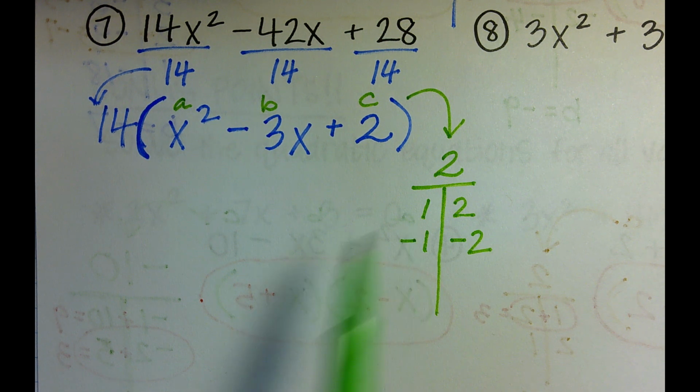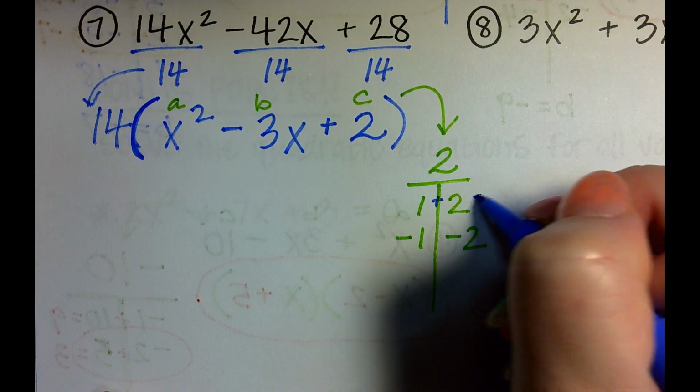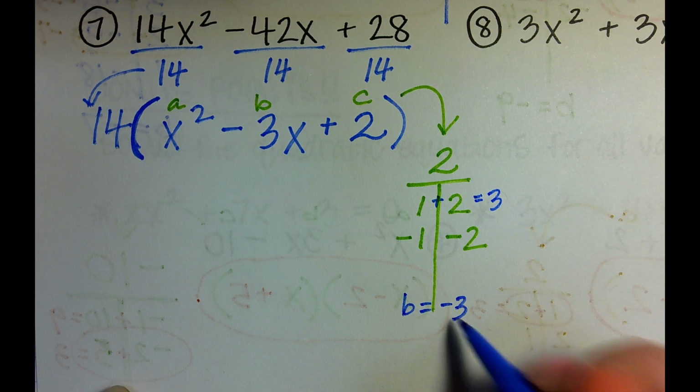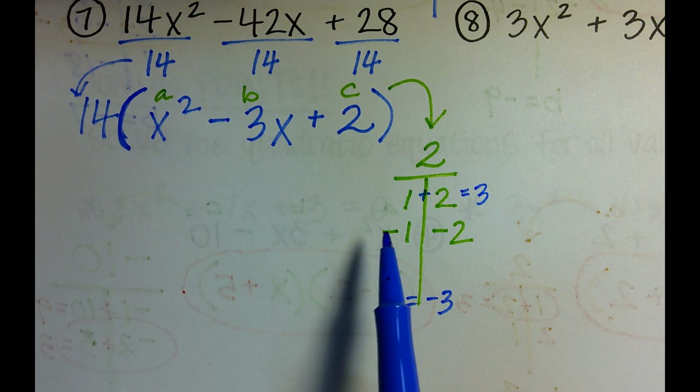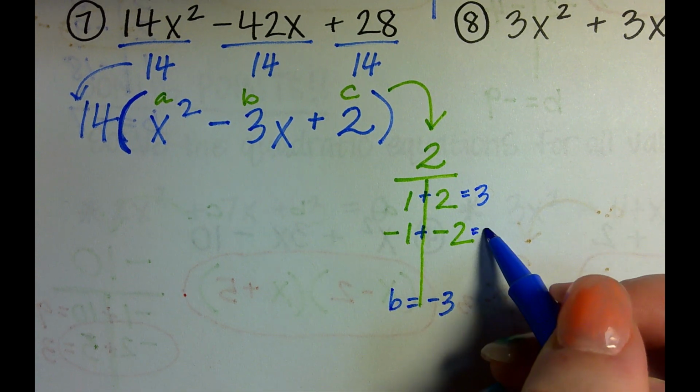Okay, so 1 plus 2 gives us positive 3, but that's not what we want. Our B is -3. So we'll try -1 plus -2, which gives us what we need, -3.